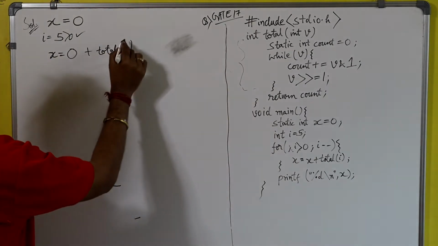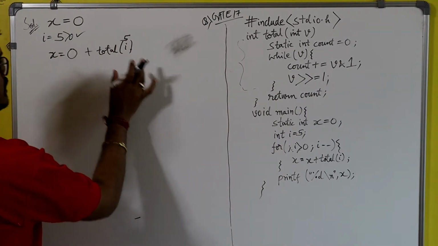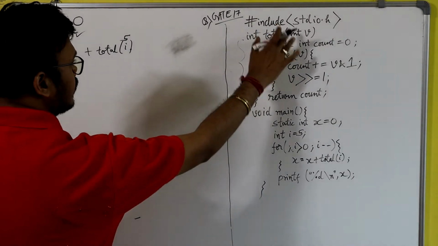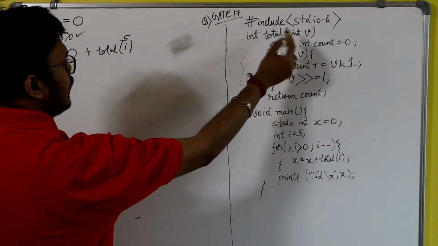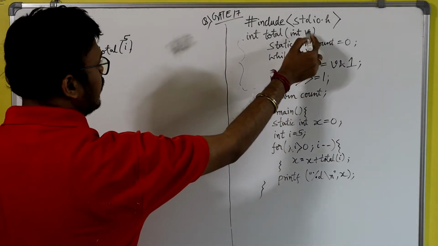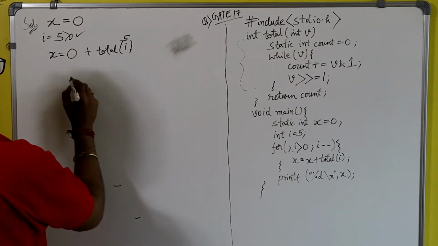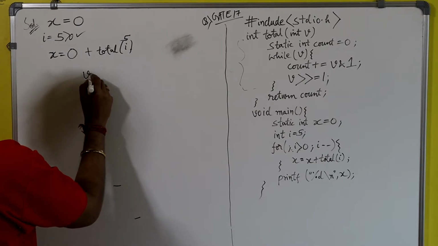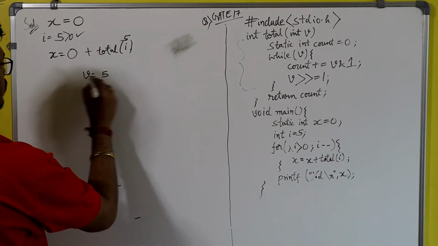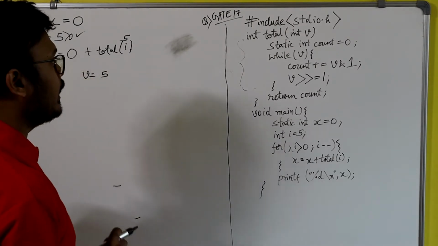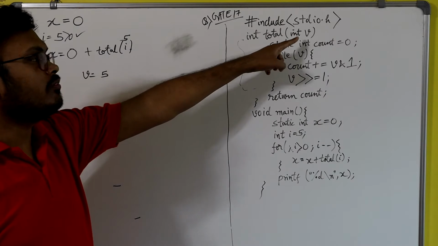Here i is equal to 5, so 5 is being passed as a parameter. int total(int v): the variable v will receive the value 5. And remember one thing, v is not a static variable.